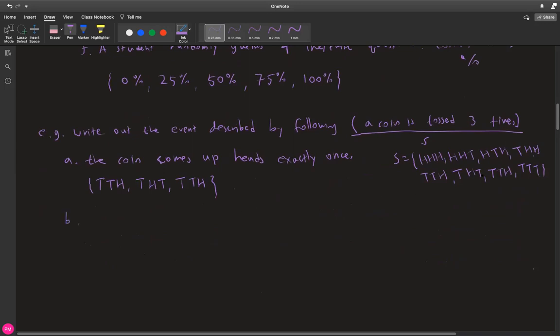Let's keep the same scenario. We're still tossing a coin 3 times. And now what we're interested in is all 3 tosses coming up the same.